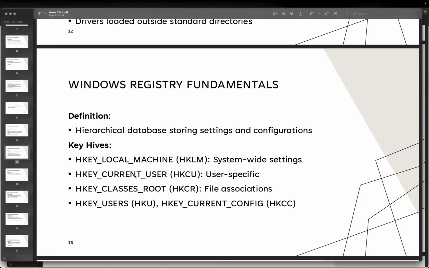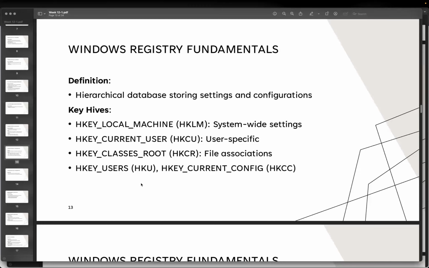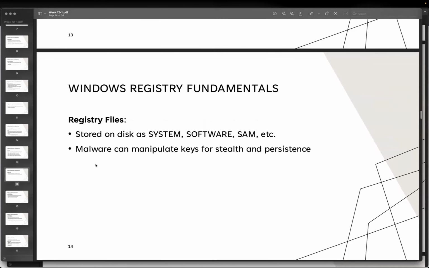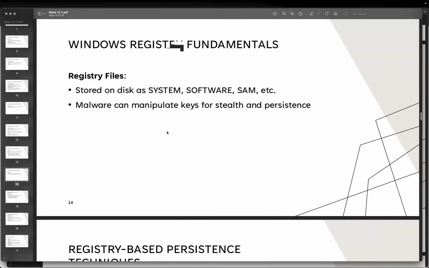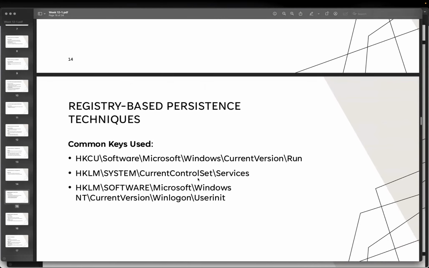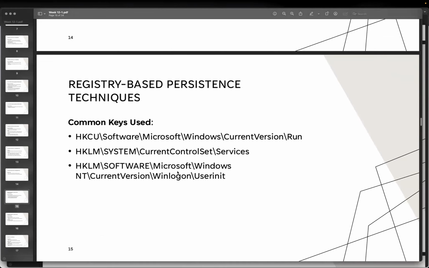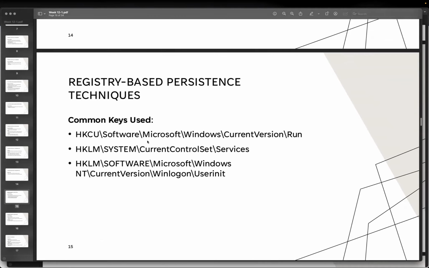If you find some strings pushed into the registry, then you know they're going to modify it. As we said, they store all the information on disk, and maybe there are common keys they use. Sometimes you see it under Software, Microsoft, Windows, current version, Run.